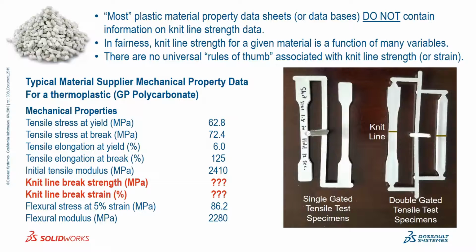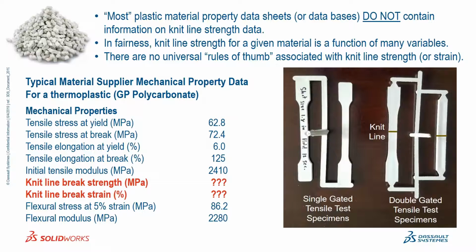Weld strength, probably not there. It can be generated, and if it is generated, it's generated using a test sample that's gated with 2 gates as opposed to the normal test sample, which has 1 gate. So the sample on the right would produce a test bar and a tensile bar with a knit line in the center as a result of the gating scheme that was used.